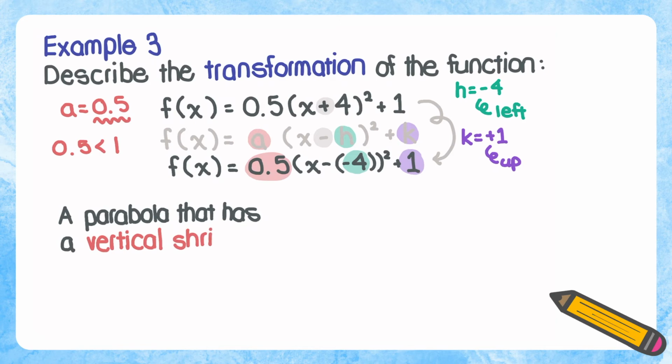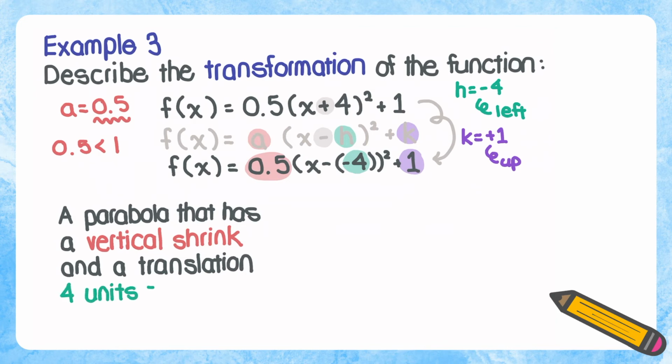So we have a vertical shrink and a translation 4 units to the left because h is negative, and 1 unit up because k is positive.